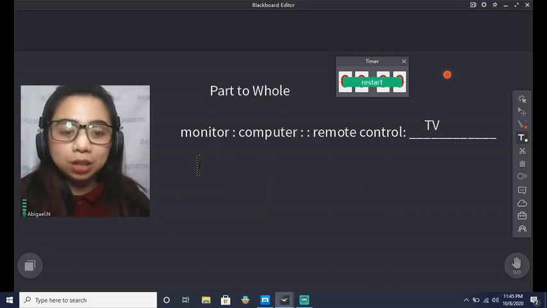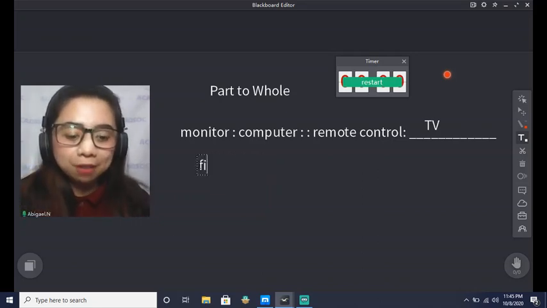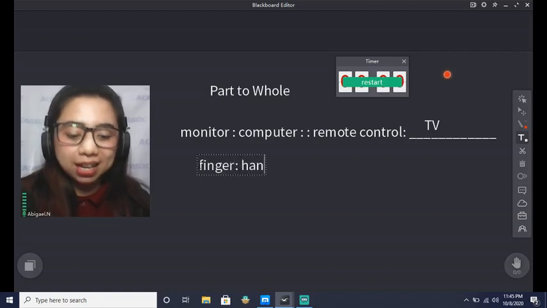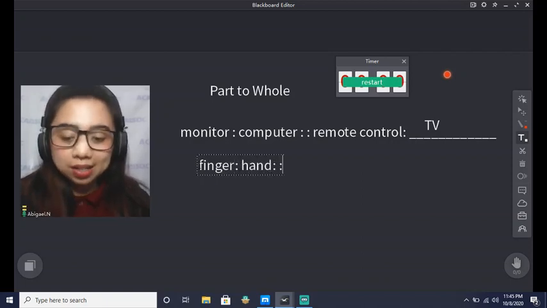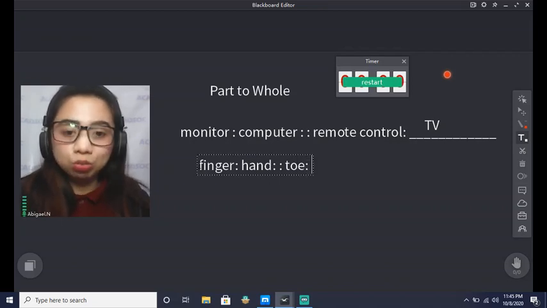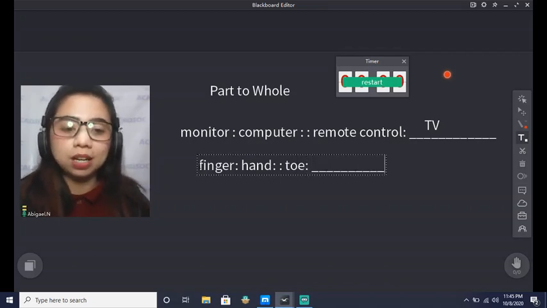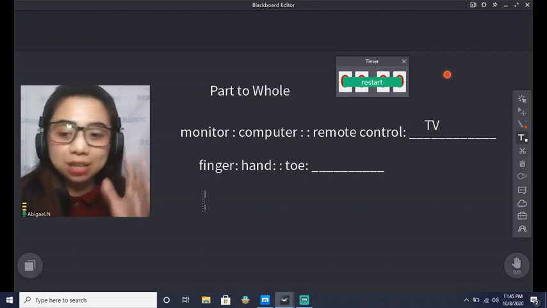Maybe I want to change my example here. Finger is to hand, as toe is to... what do you think is the missing word?